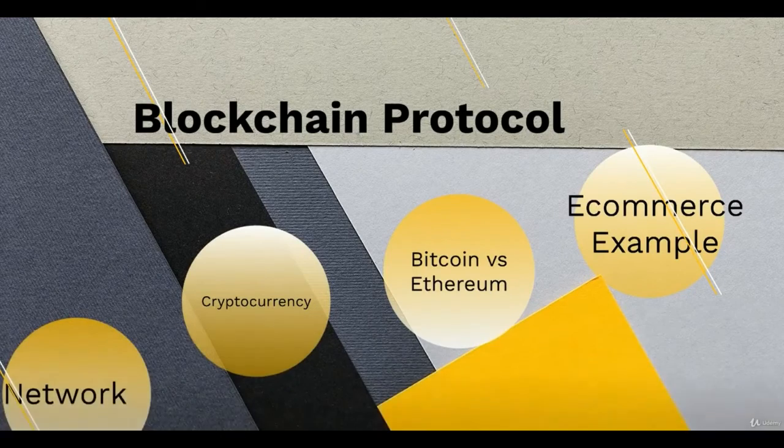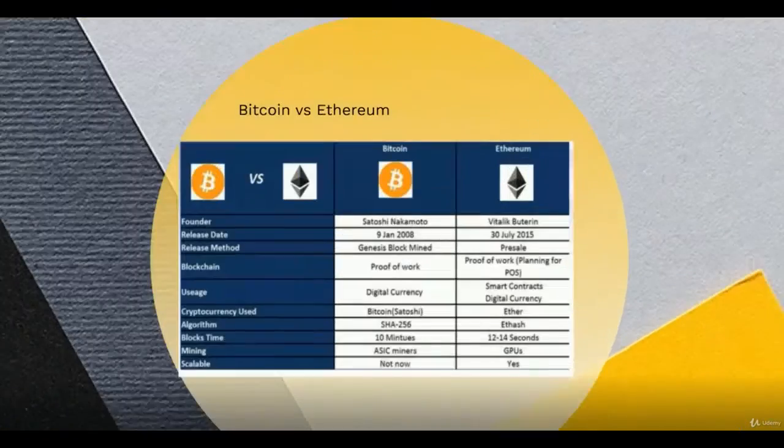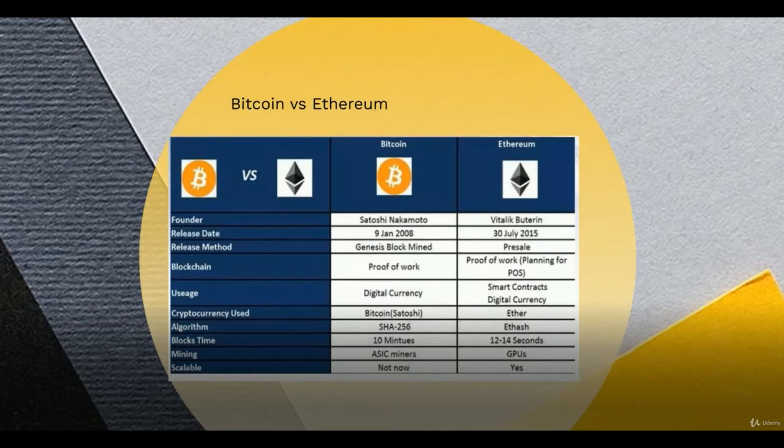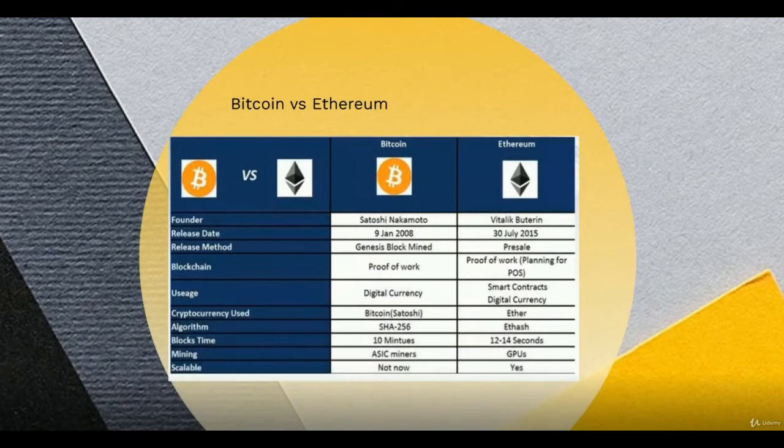The reason why we are discussing it here is these two are very famous cryptocurrencies. People are talking about the cryptocurrency or about the blockchain technologies because of these two cryptocurrencies or the frameworks. So we are going to see what is the major difference between these two.